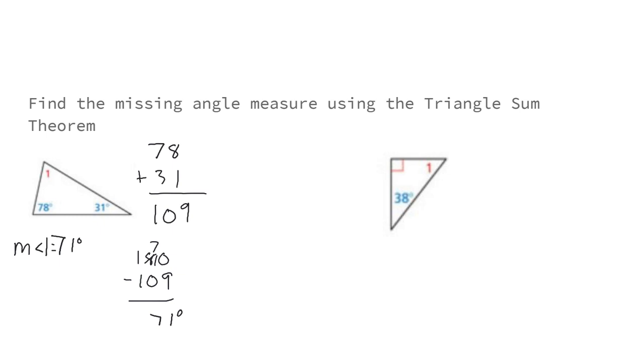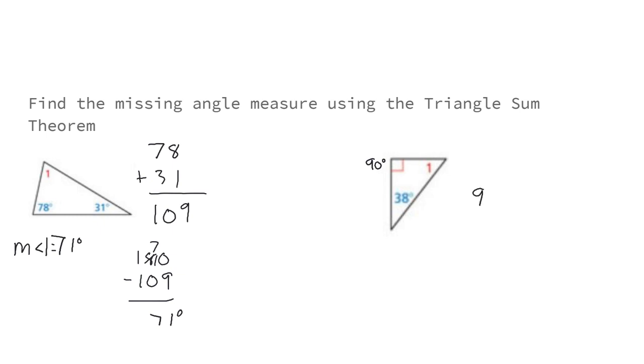Okay, so then the one on the right, you see it's a right triangle. We've got a right angle, and reviewing, right angles are 90 degrees. So if you think about it, if the sum of all the angles is 180, and we already know that this one is 90, if you subtract it from 180, we know that these two angles over here have to also together equal 90 degrees.